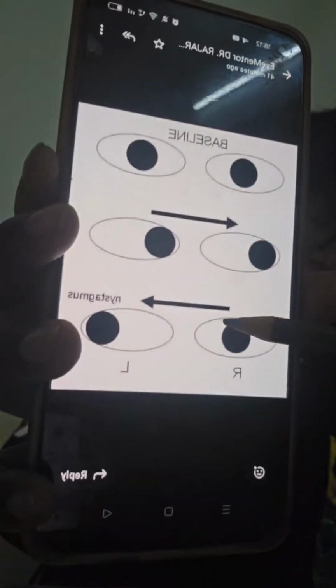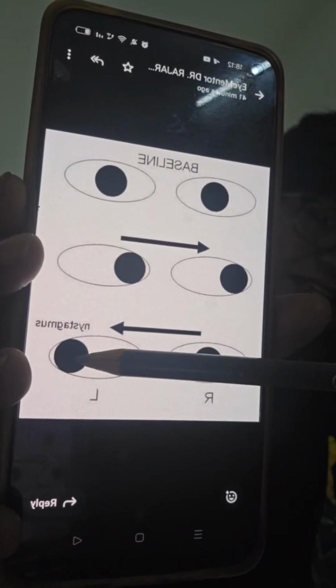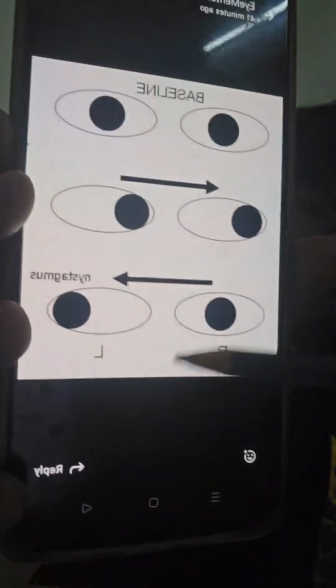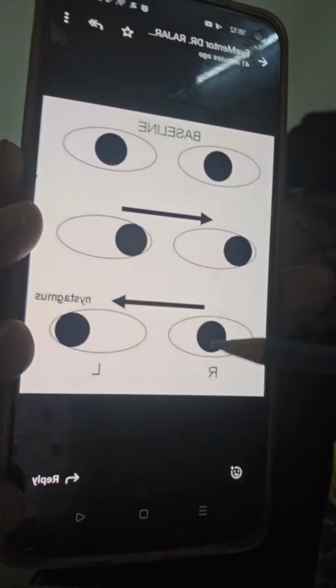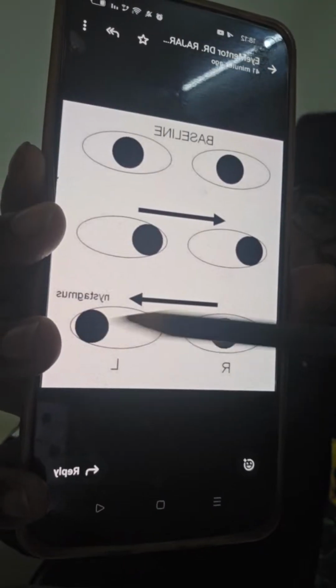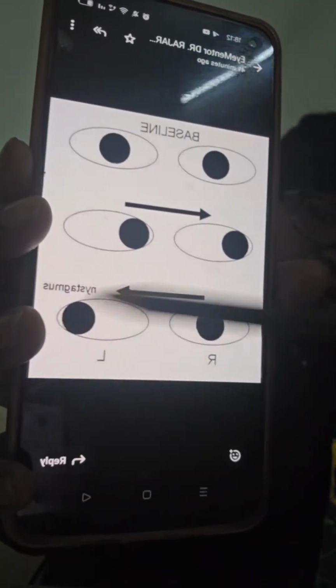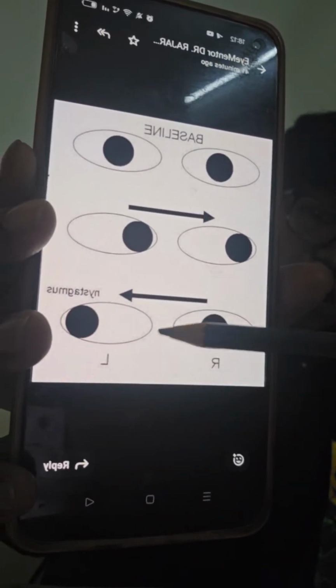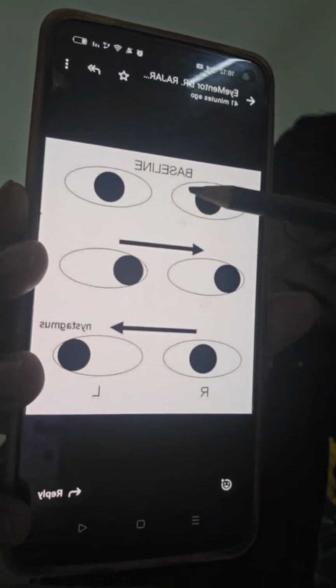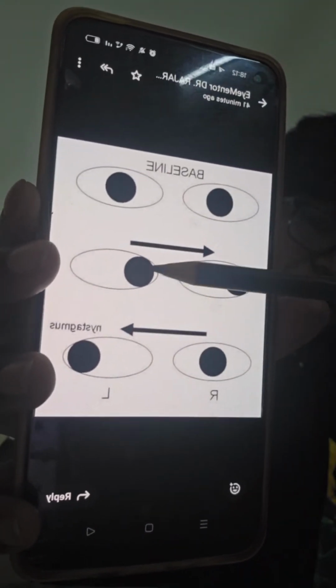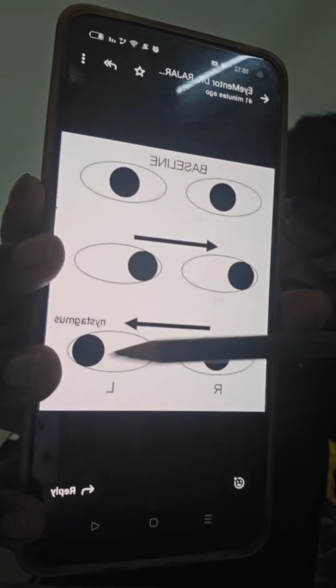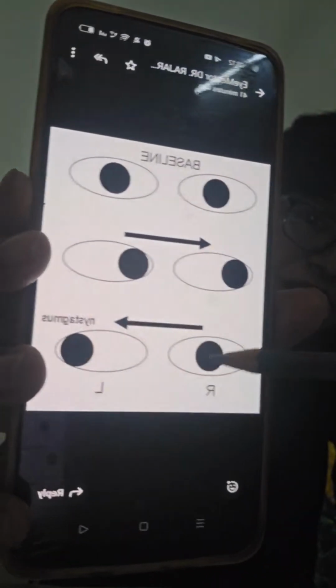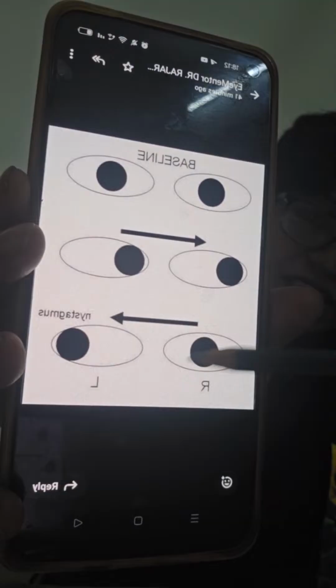Now when the patient is looking to the right, as you see in the image, we'll describe it like that, forget whatever is written there. The right eye is abducting, the left eye is not adducting. Primary gaze normal, left gaze normal, right gaze abduction is normal, only in adduction there is a deficit.